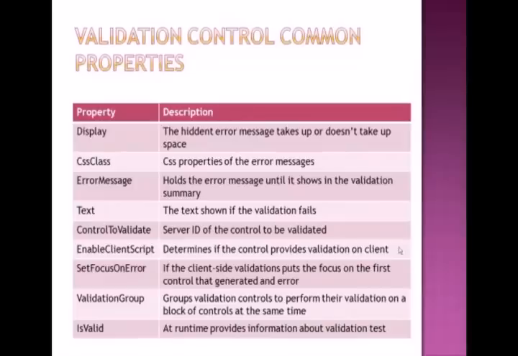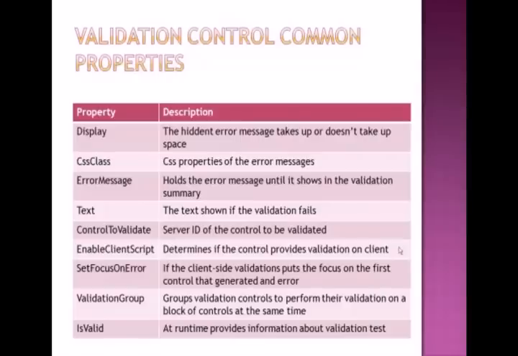Validation group groups some of the validation controls together, and this allows you to perform validation against a section of the controls. You put together a bunch of controls that you want to validate at the same time. All of the controls within the same validation group are checked at the same time. That means that controls that are not part of the group are not checked now. This is useful when you have several sections in your code and you want to validate their values separately.